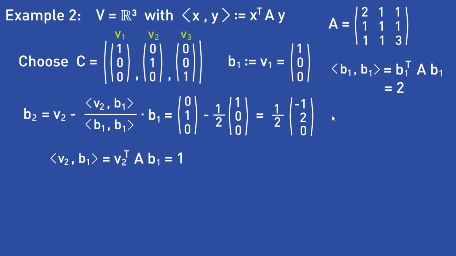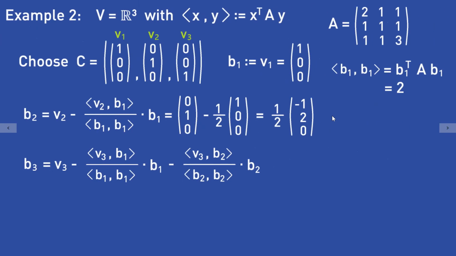Now we will calculate B3. So that here is the formula for B3. And we have to find these scalar products here. This here, that here, this here, and that here. So we start to calculate this scalar product here.